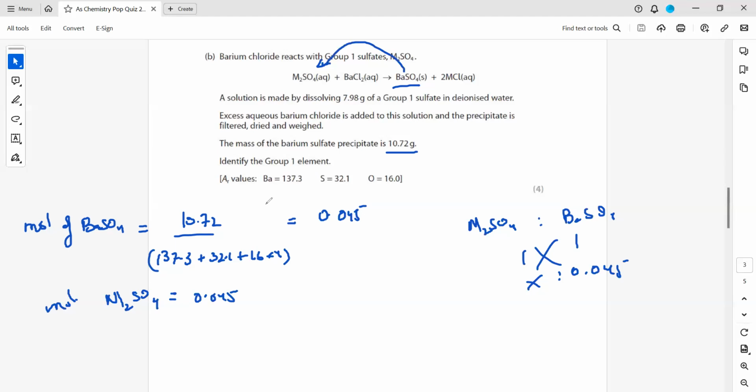Now we will work out the total mass of this compound. These are the total moles of this compound, and 7.98 gram is the total mass of this compound which was dissolved.